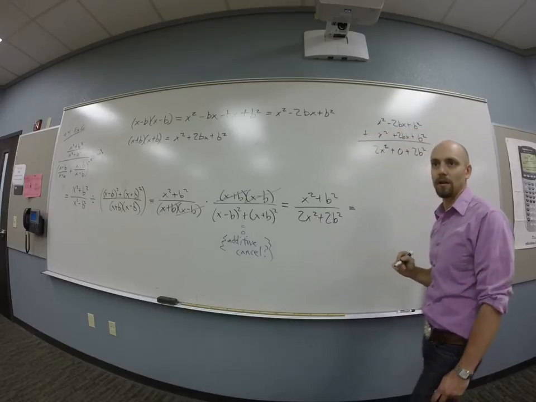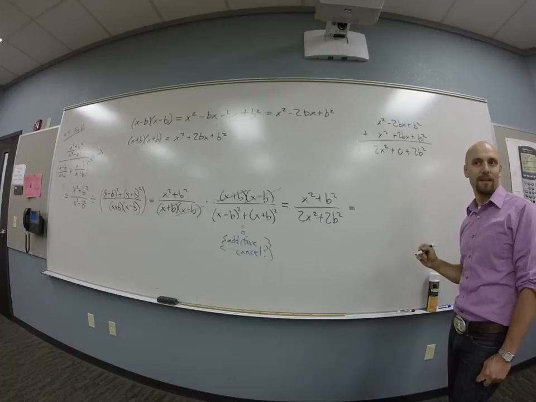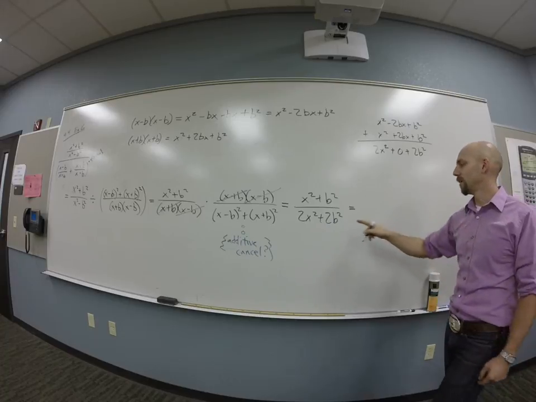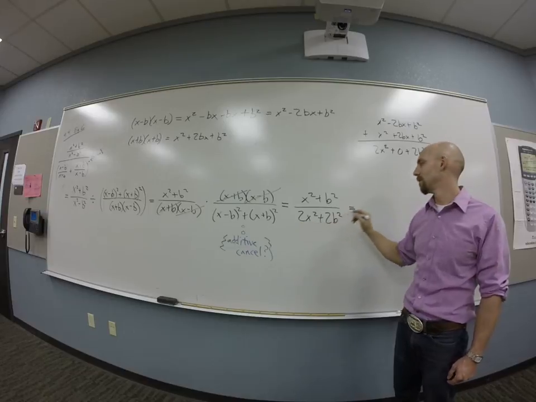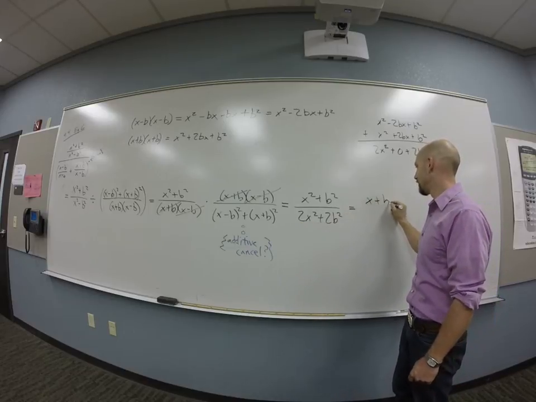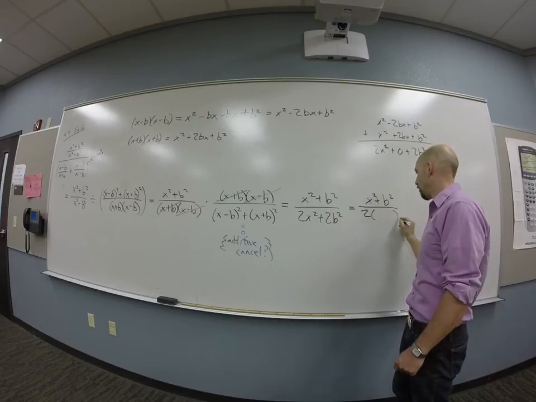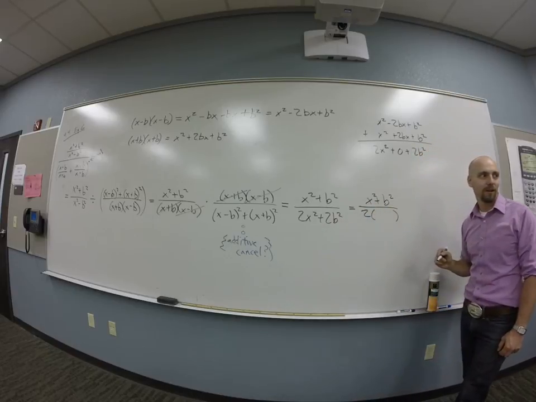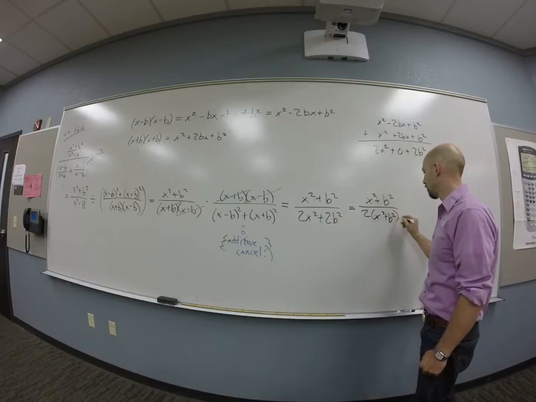Now what do you do? Cancel. You take the 2 out. Yeah, factor a 2 out first. This is a massively long problem, right? What do I get when I factor the 2 out? 2 times x squared plus b squared.